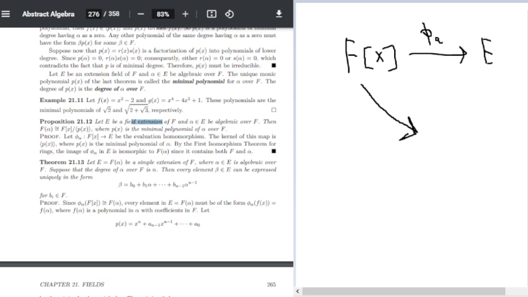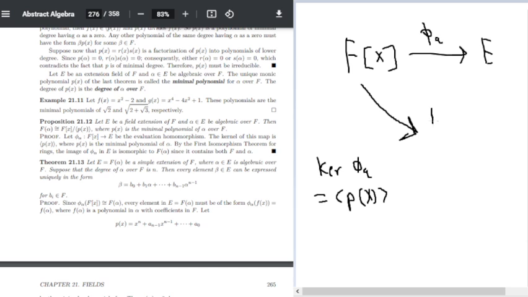The kernel of phi_alpha is going to be equal to the principal ideal generated by p(x), considering every polynomial that has alpha as a 0 is a multiple of this.